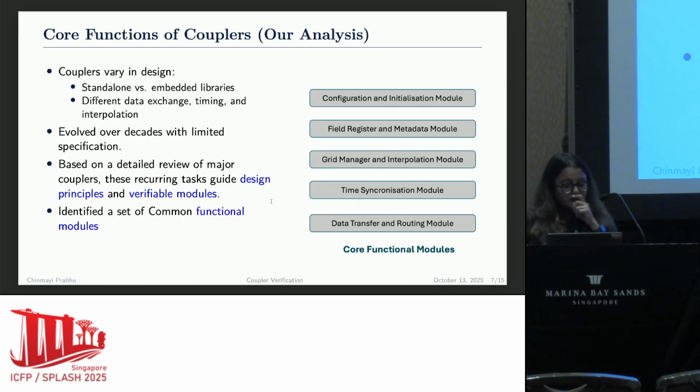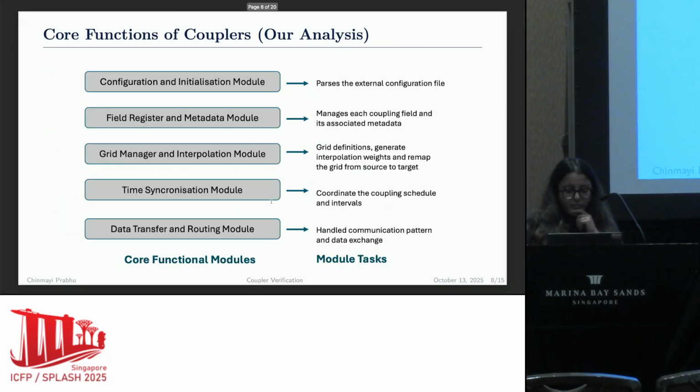Some of the verifiable functional modules are: configuration and initialization module, field registration and metadata module, grid manager and interpolation module, time synchronization, and data transfer and routing module. So these form a general design principle that any coupler should follow. It's more like a coupler's generic tasks to perform. So we extracted a module task for each of these coupler modules.